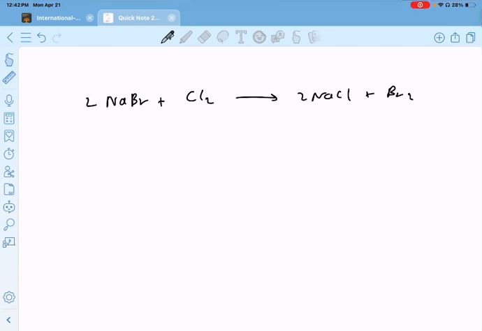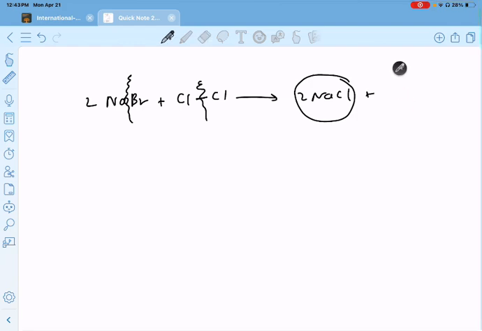Why is there a change in heat? Because there is energy required to break these bonds, and then there's energy released when this bond is formed. To break even this bond here, to break it into 2 different Cls, to break this, and to form these bonds here as well.